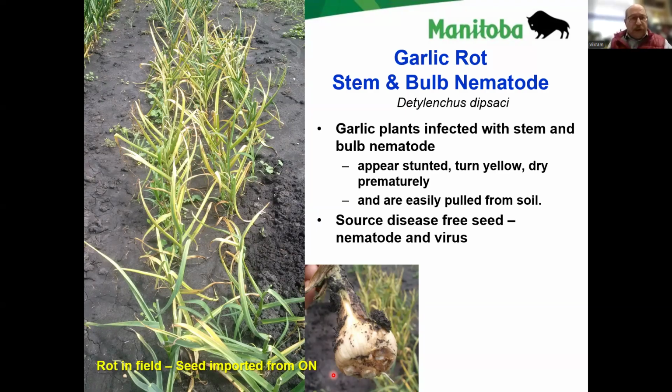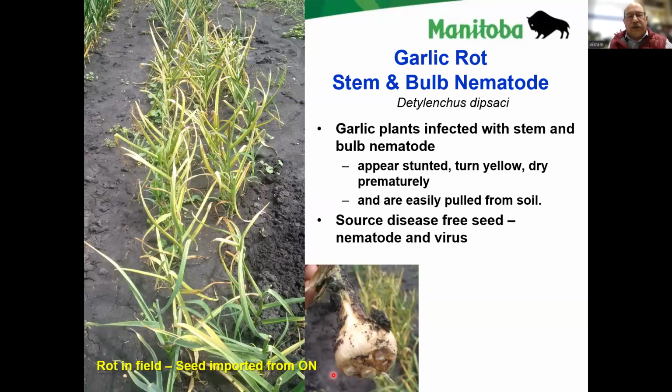One of the main sources of getting this problem is getting infected seed. I don't want to say, but some of the seed sources need to be verified that they are legit seed growers and they have nematode-free status.